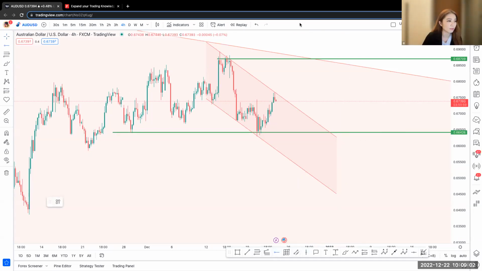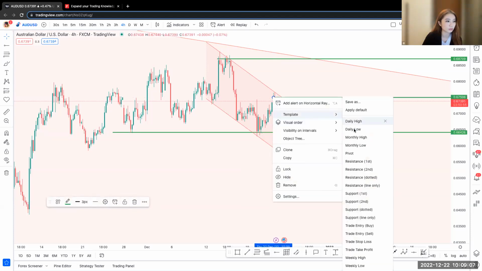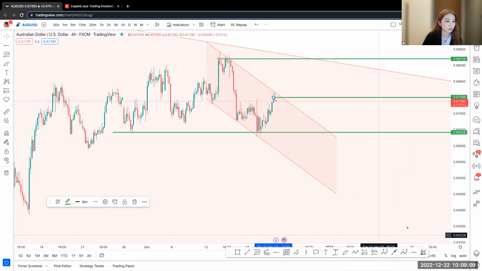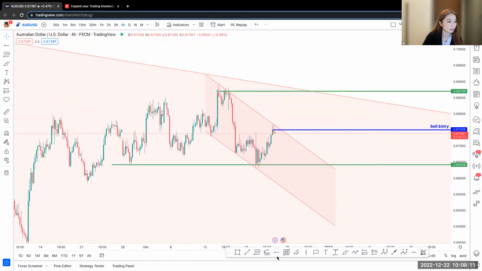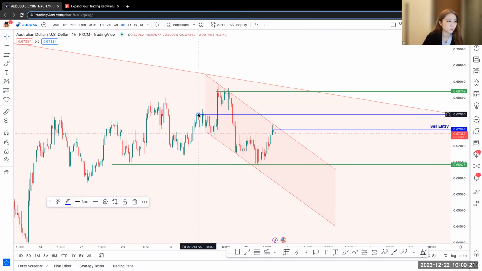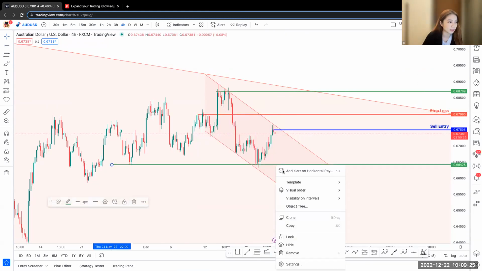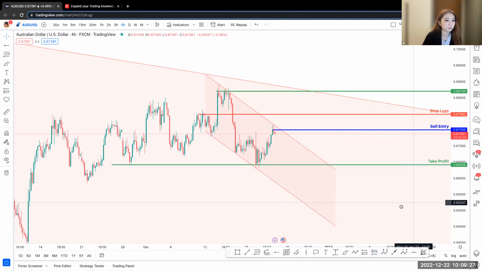However, this is subject to what the general market thinks. In this case, I am following the bigger trend, and I would still put a stop loss quite close, and this would be my take profit.